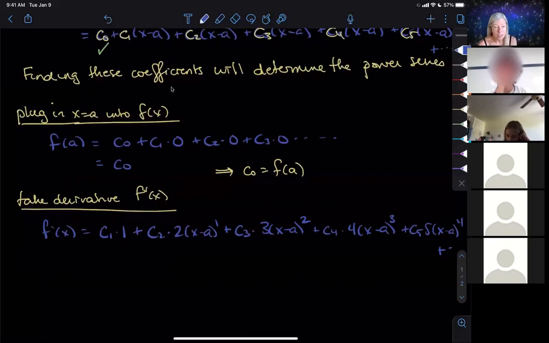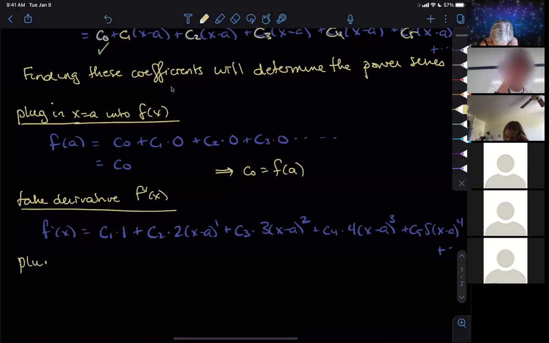Now that we've done that, we can do the same thing we did before. We can plug in A. When we do, all the rest of these things go away again, and we're just left with the constant term. So plug in x equals A now to f prime.